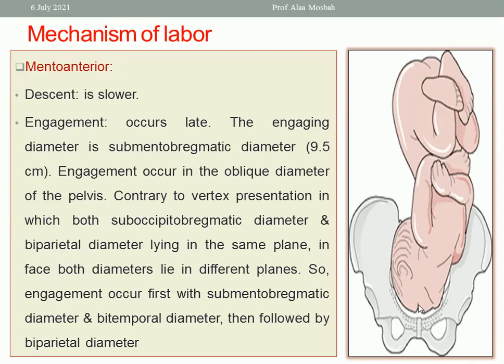So engagement occurs first with the submentobregmatic diameter and the bitemporal diameter in case of face presentation, then followed by the parietal diameter. That's why the head is deflexed, because the bitemporal diameter enters the pelvis first. And this is the cause of the extended head.